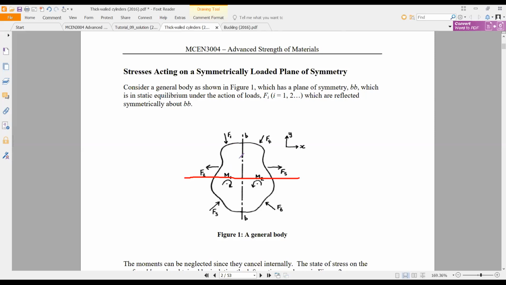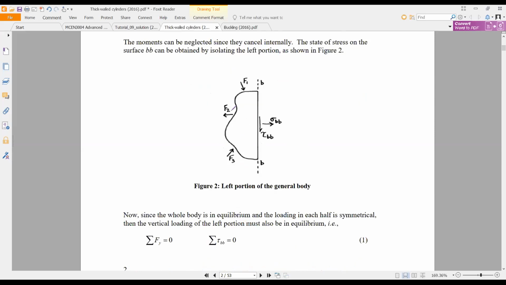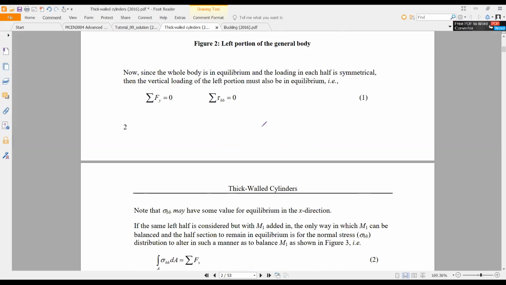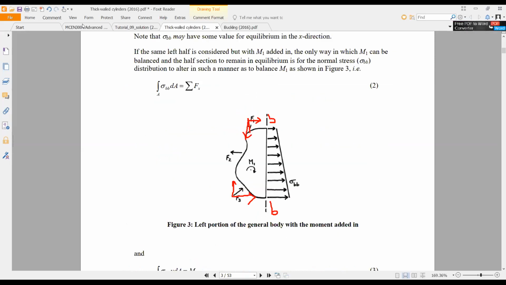If you take this part, the y component will be cancelled out with these forces. We don't worry about the y component then. That's why it is going to be 0. Are we clear? The x component cannot be cancelled out because there is a plane. I hope you understand.